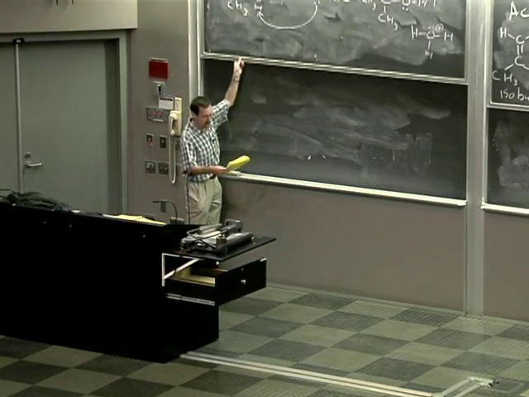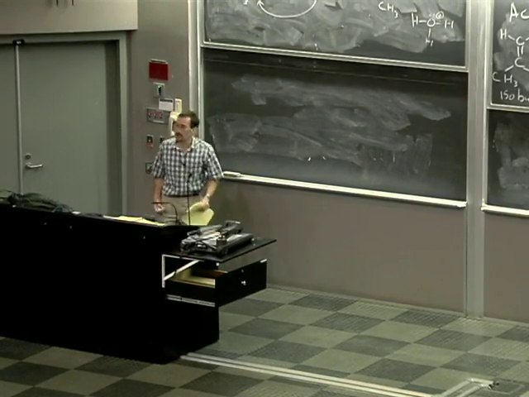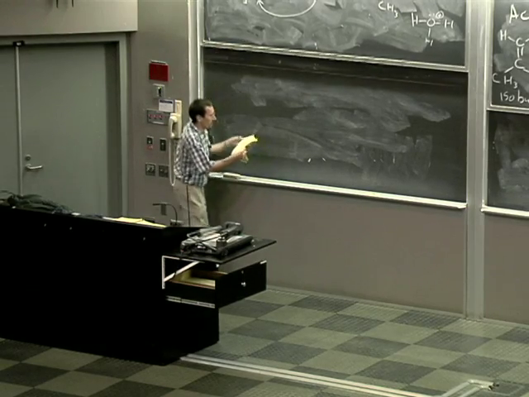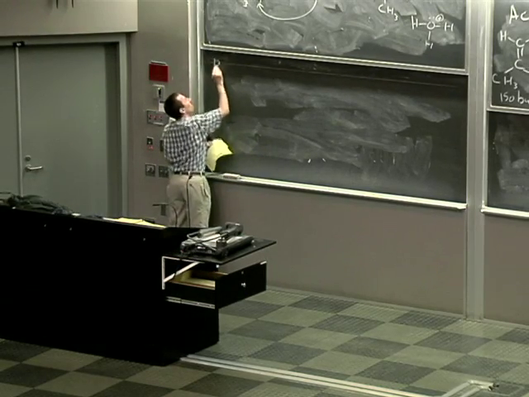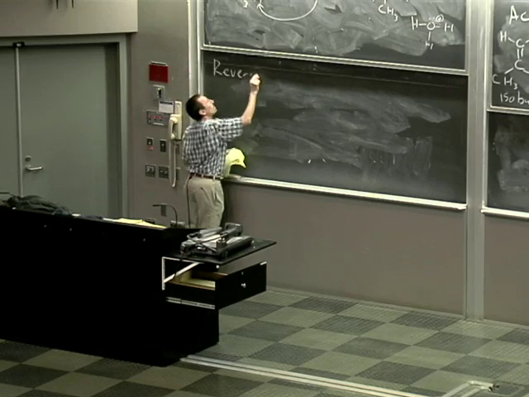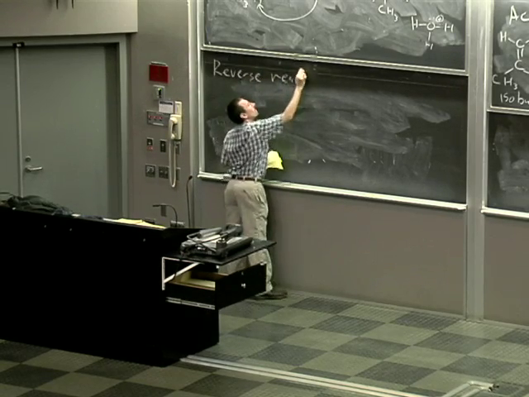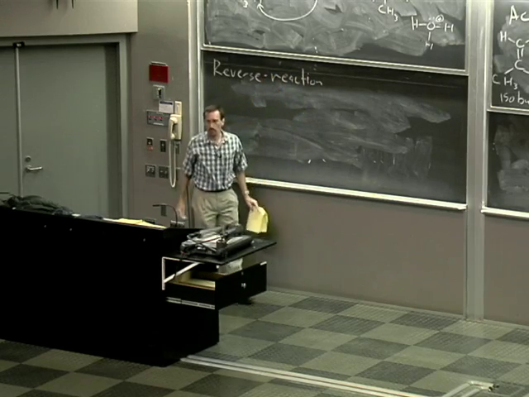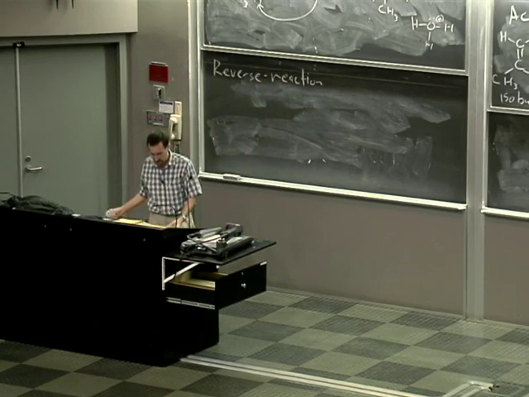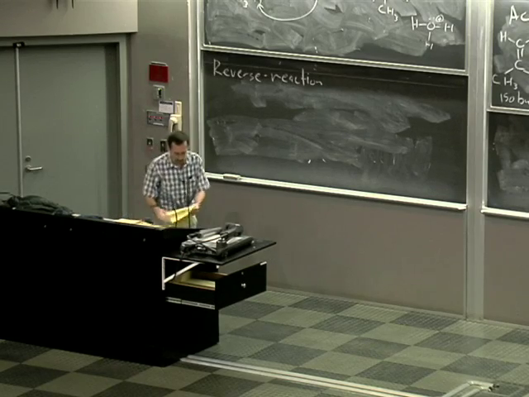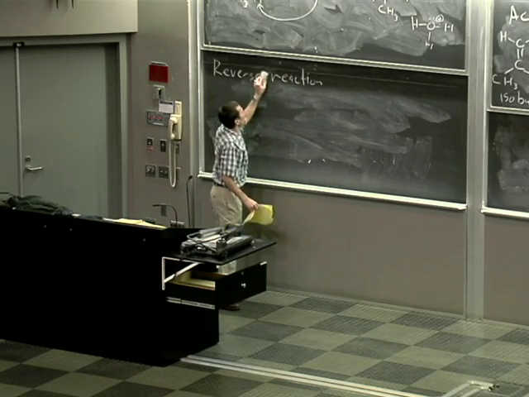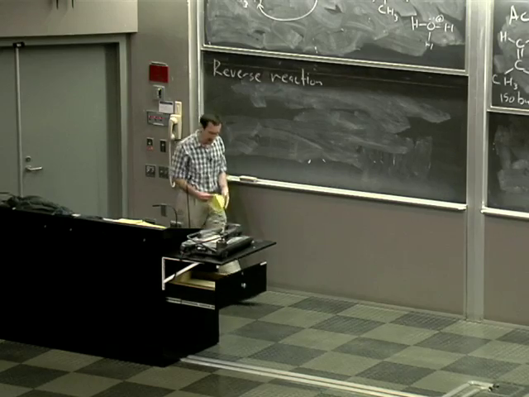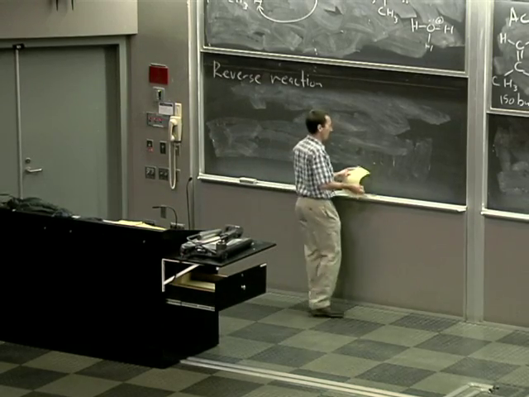And what I'd like us to do now is to look at the reverse reaction. Because technically, all reactions that can go forward can go in reverse as well. In principle, some end up going so far to the right that you never see the reverse reaction.